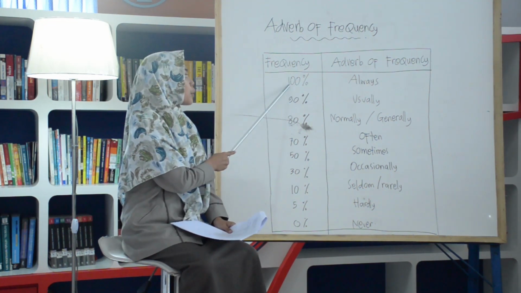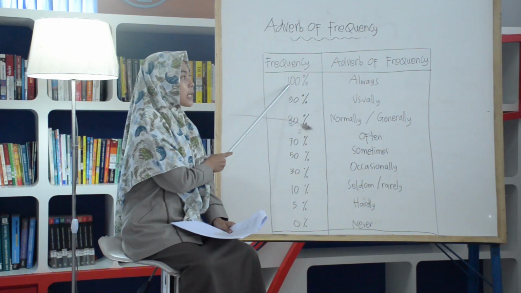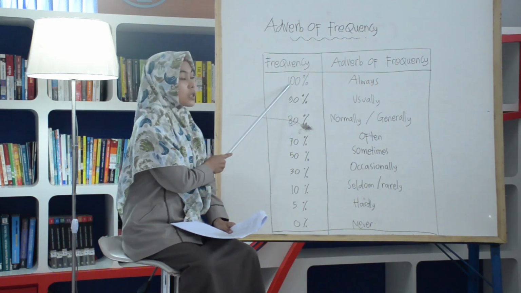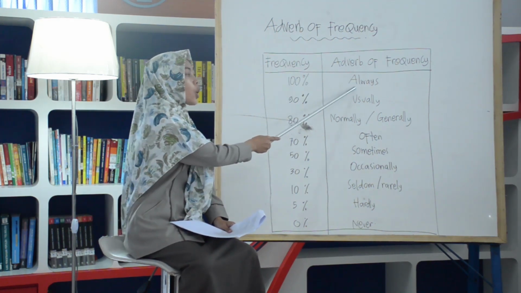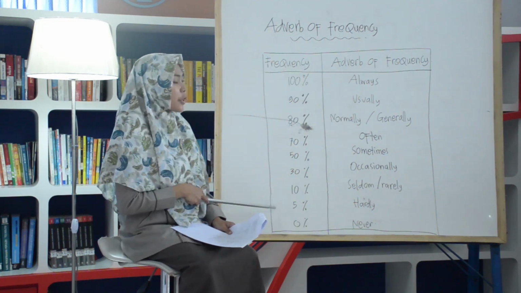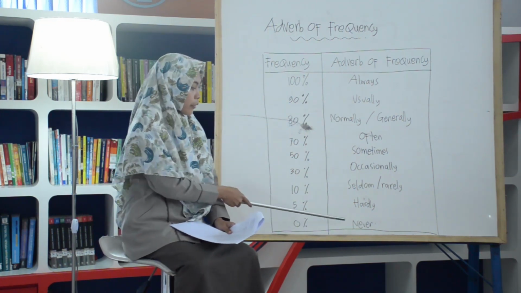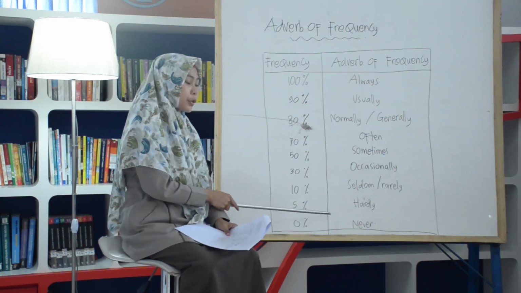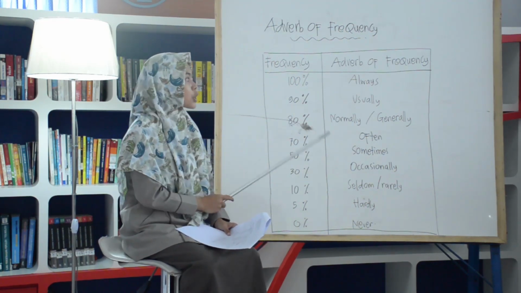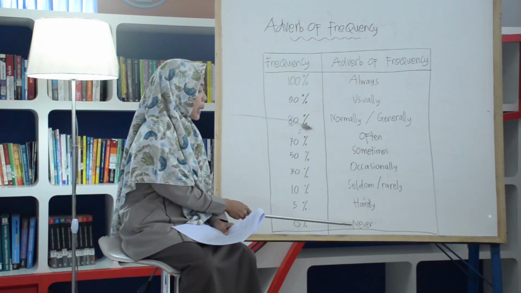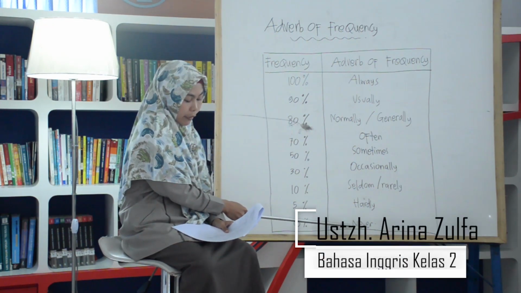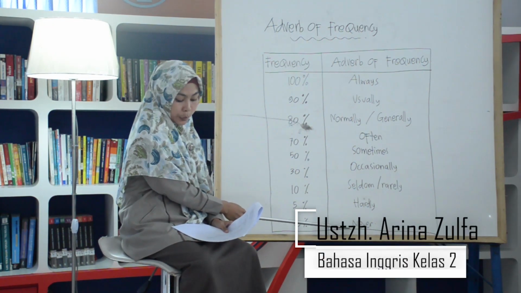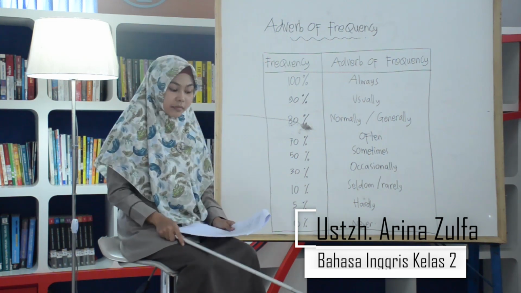Because you do the action 100%, you can say always. The other example is never. For example, you never leave the prayer, so you can say never. I never forget to pray every day.